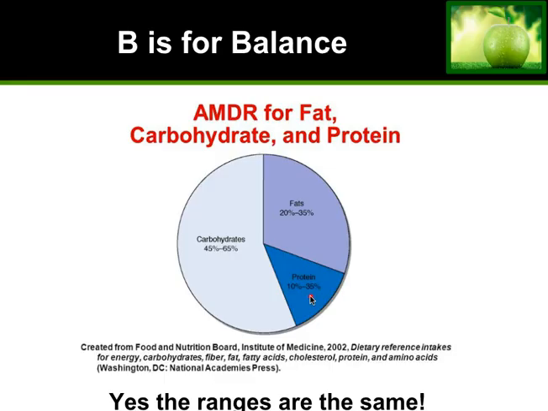Now, in some cases, endurance athletes might want to take this carbohydrate intake up to 70% of their total caloric intake, dropping their fat intake slightly. Yes, these ranges are exactly the same for elite athletes as for regular individuals.